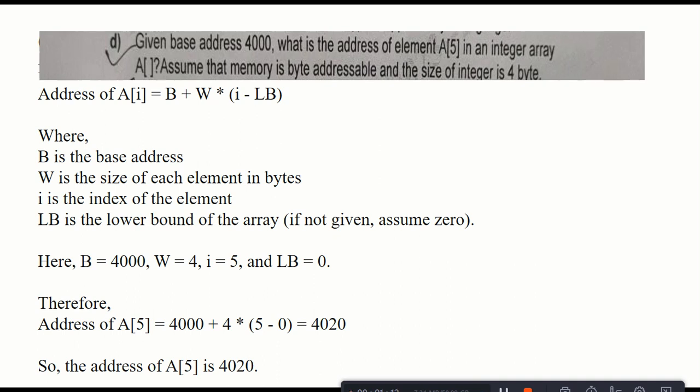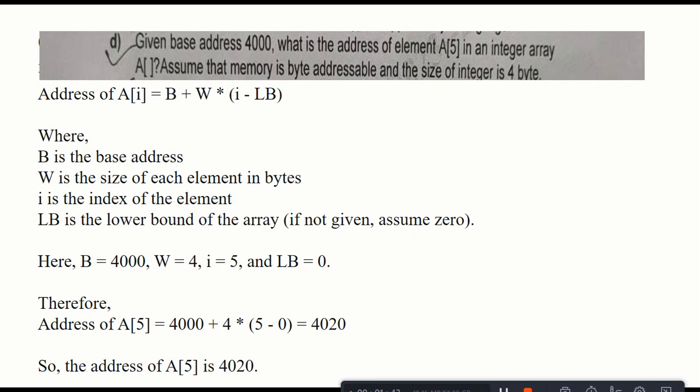First, we know the formula of the address of an array: A[I] equals B plus W into I minus LB, where B is the base address, W is the size of each element in bytes, I is the index of the element, LB is the lower bound of the array, which is not given but we assume it is 0.